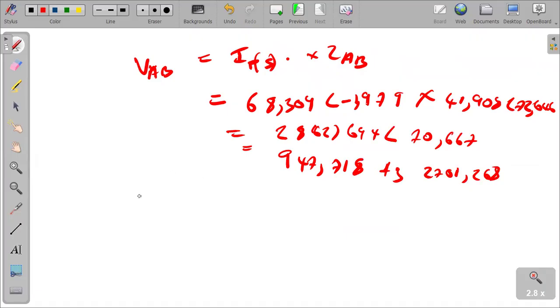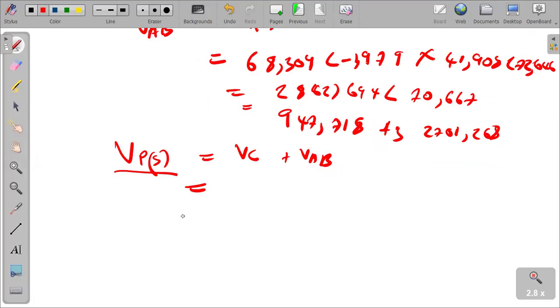It's just a matter of converting that with the calculator, which means the VPS, the sending end voltage, is equal to VC plus VAB. But do take note, this is the phase voltage we are about to calculate, which means we are going to multiply it by √3 so that we now have the line voltage.